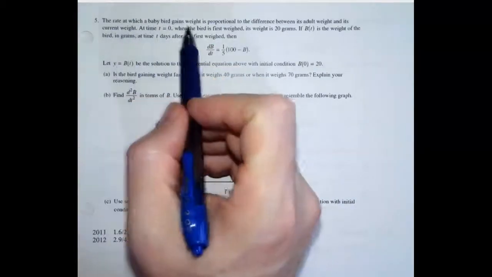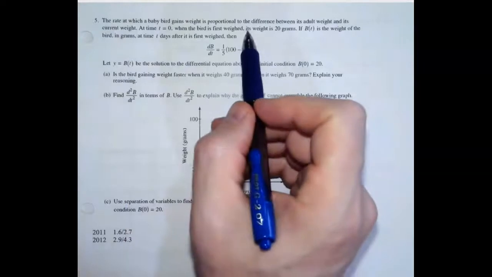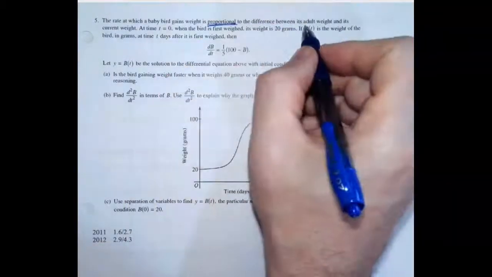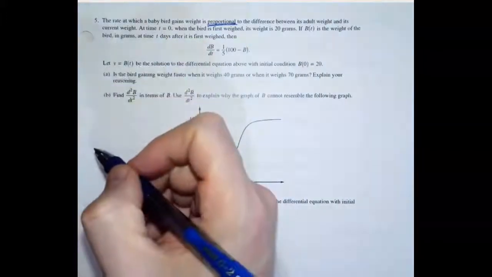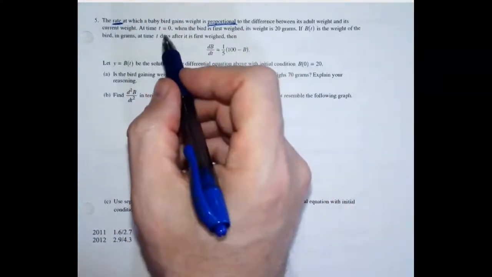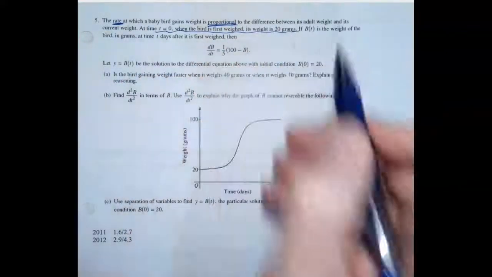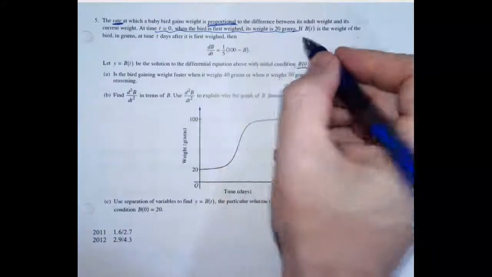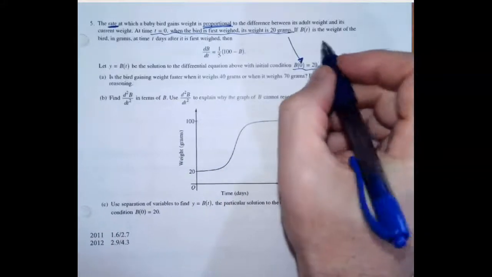Okay, the rate at which a baby bird gains weight is proportional to the difference between its adult weight and its current weight. Alright, the rate. So we're just taking notes on the question as we go. Time equals 0, when the bird is first weighed, it is 20 grams. Okay, and down here they reiterate that for us.